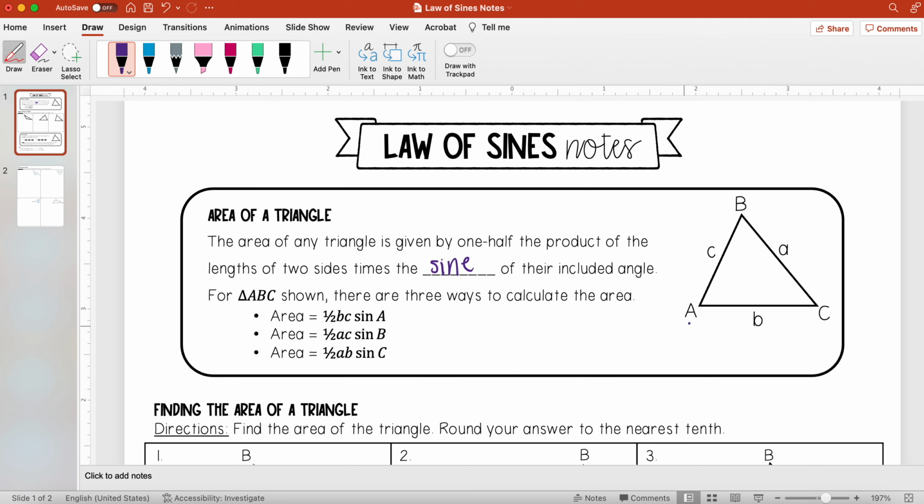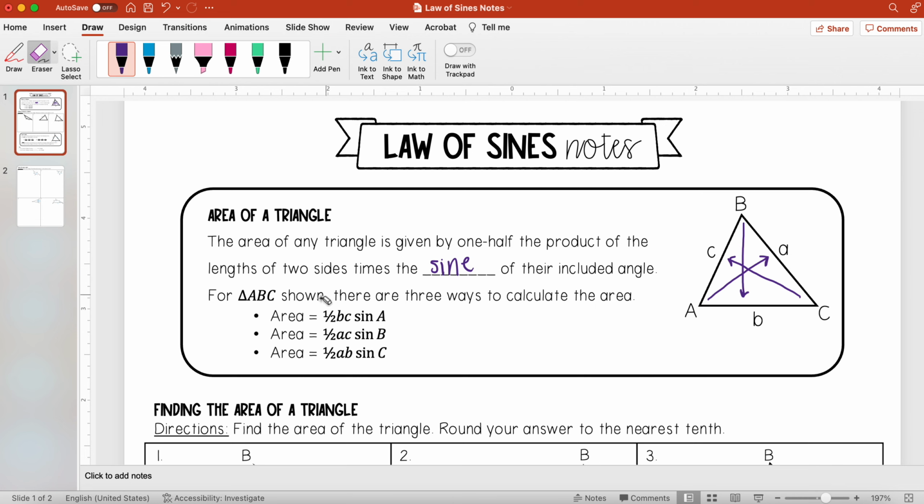If I'm given triangle ABC, those capital letters, the lowercase letter a is going to be opposite of angle A. The side that is lowercase b is going to be opposite of angle B, and same thing with C. That's going to be the case every time, so that's super important to remember, because when we do law of sines in the next videos and law of cosines, we're going to be following that same rule for all of our formulas of the lowercase letters being opposite of the uppercase angle.